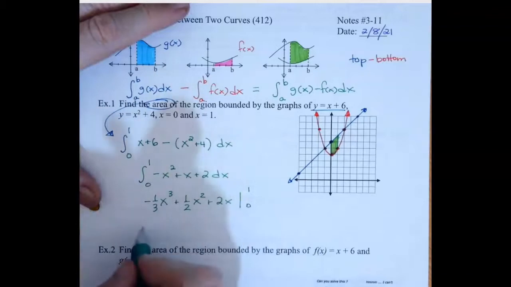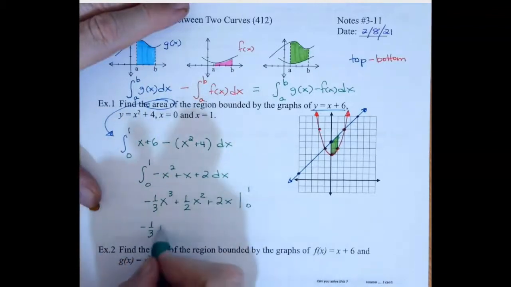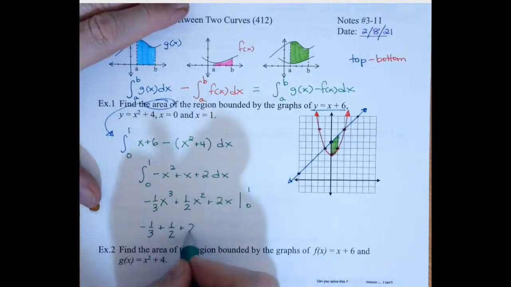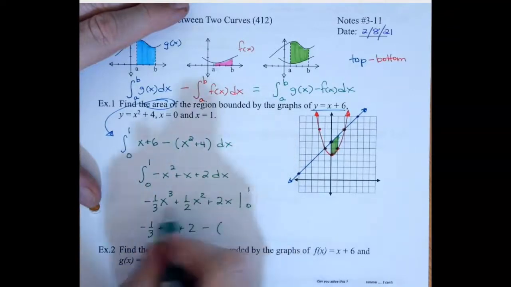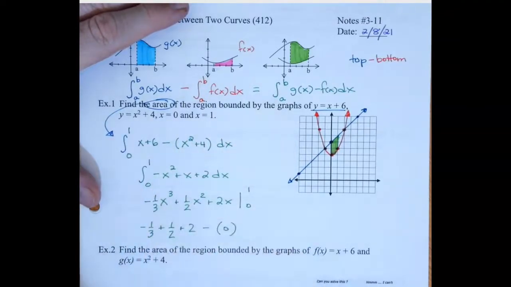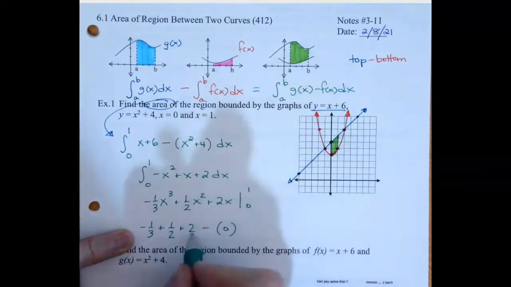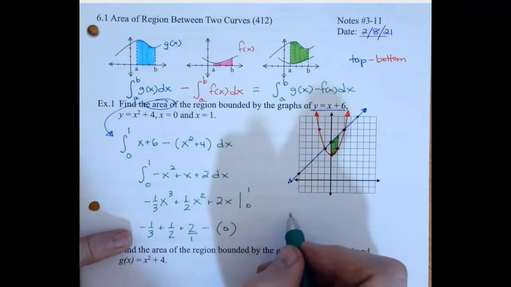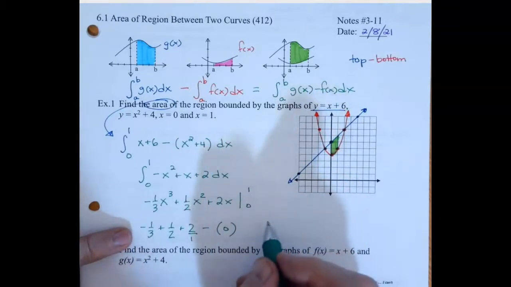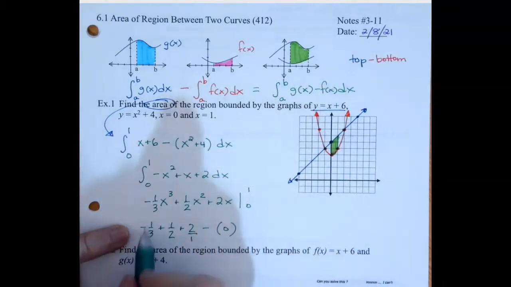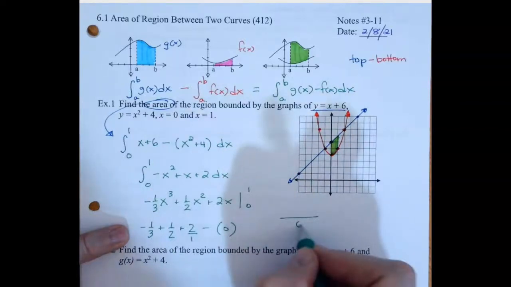So if we plug 1 in there, we're going to get negative 1/3, plus 1/2, plus 2, minus, and plugging 0 in all those, they all are going to be 0. So now let's get a common denominator here. So that common denominator is going to be 6. So this needs to be multiplied by 2 over 2.